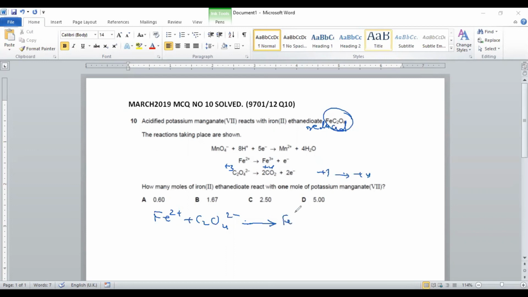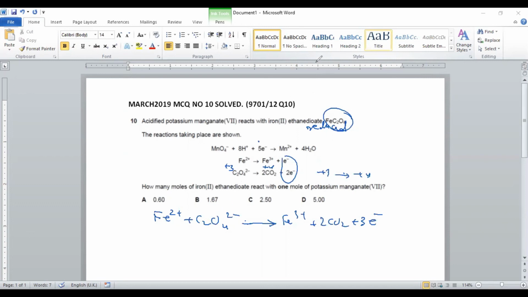We don't even mind about the products. We only need electrons. How many moles of electrons? 3 moles of electrons. It means when 1 mole of iron 2 and 1 mole of ethanedioate react together, 3 moles of electrons are lost. For MnO4 minus, 5 moles of electrons are gained.